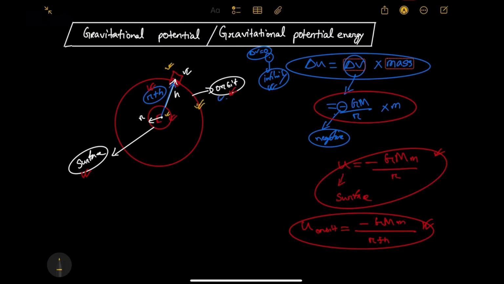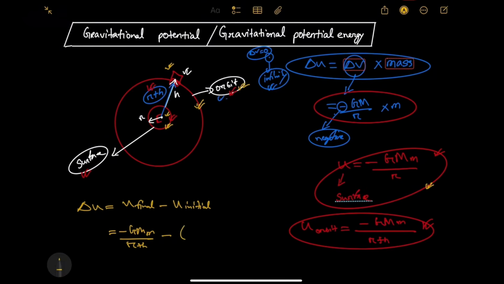The change in gravitational potential energy will be del U equals U final minus U initial. U final is at the orbit, which is minus GMm by r plus h, and U initial is at the surface of the earth.